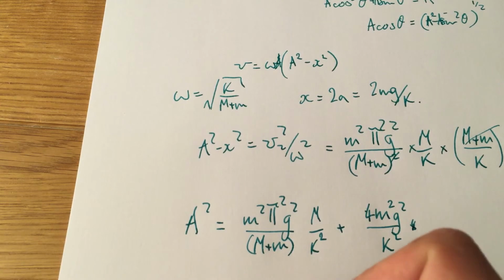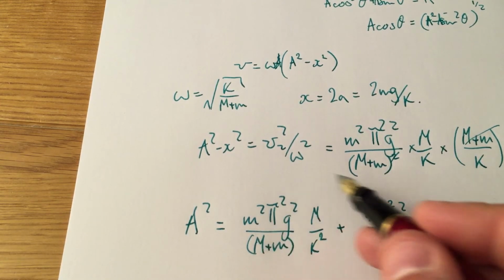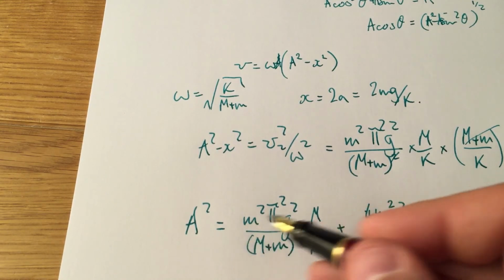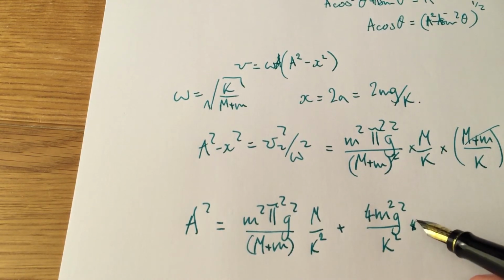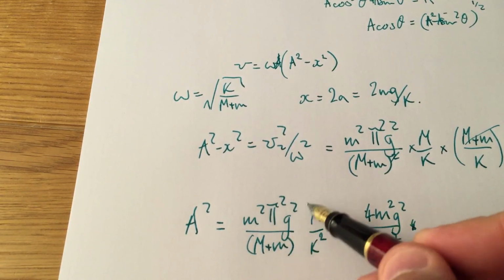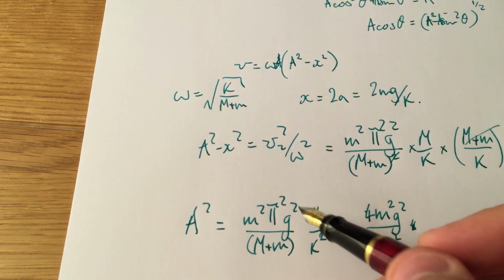Okay, and that gives me an expression for this as the square root of that, which gives me, let's factorize out the m and the g and the k. So the m, the g, and the k.